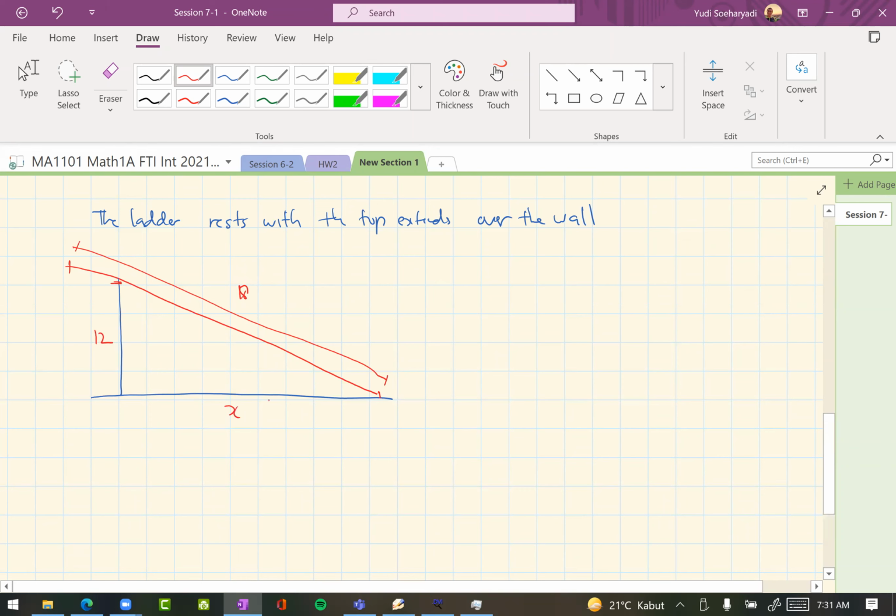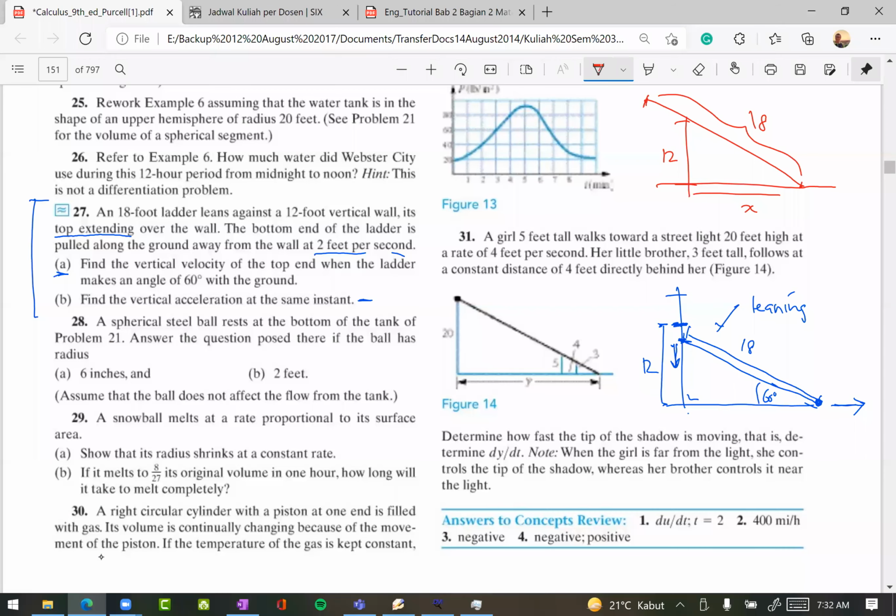So this is x. And what is known is dx/dt is 2. Okay, so the question is the vertical velocity of the top end.